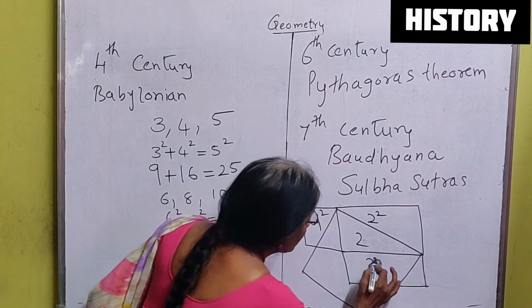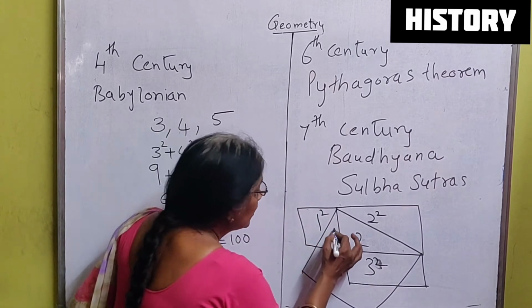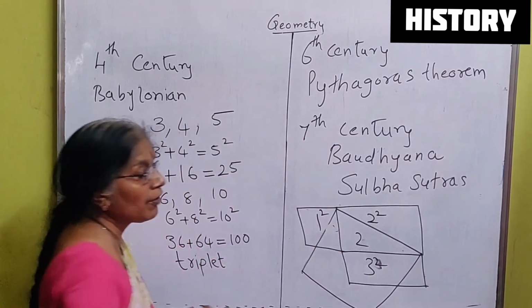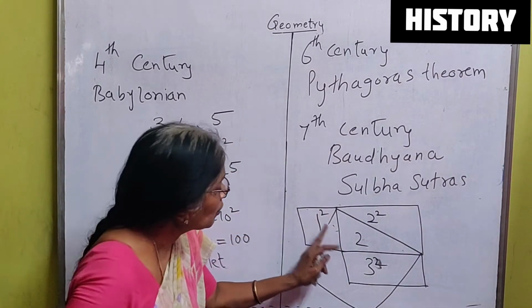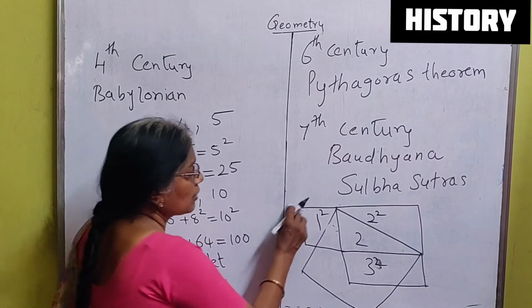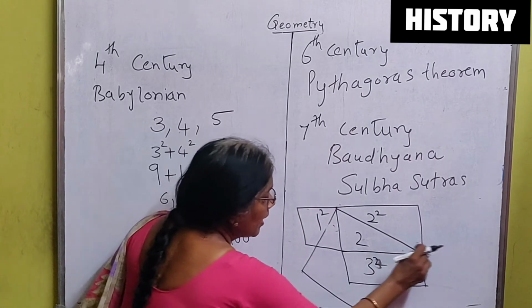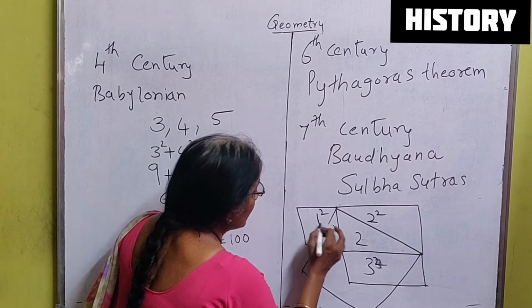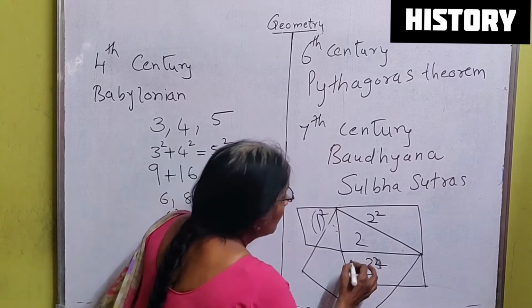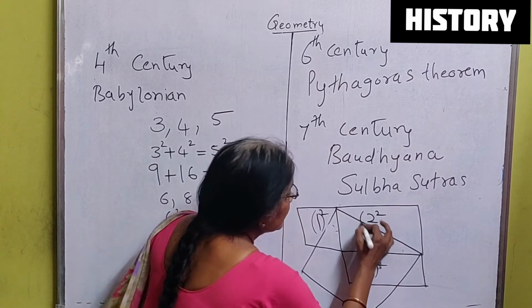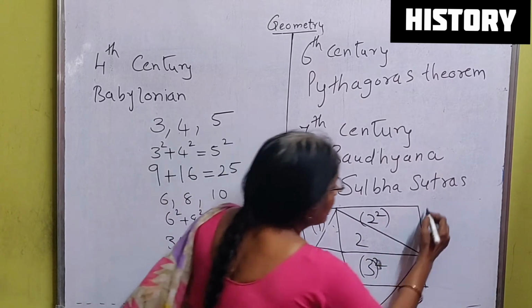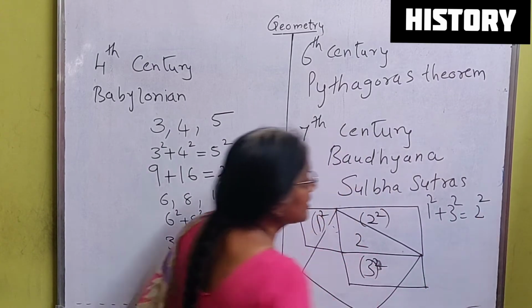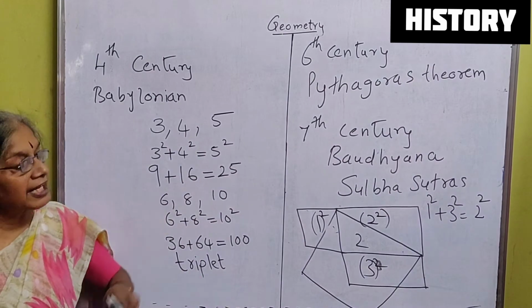That means the first side square plus the third side square is equal to the second side square. That is what Bodhiana proved.